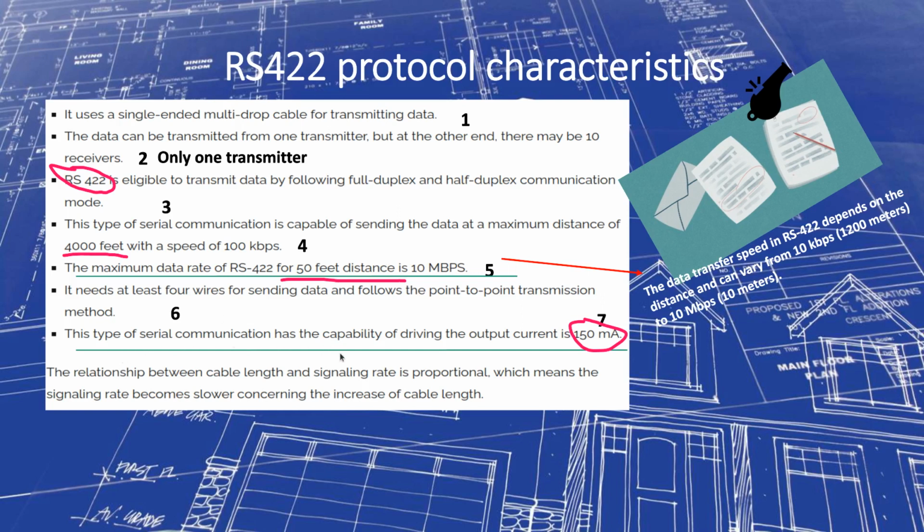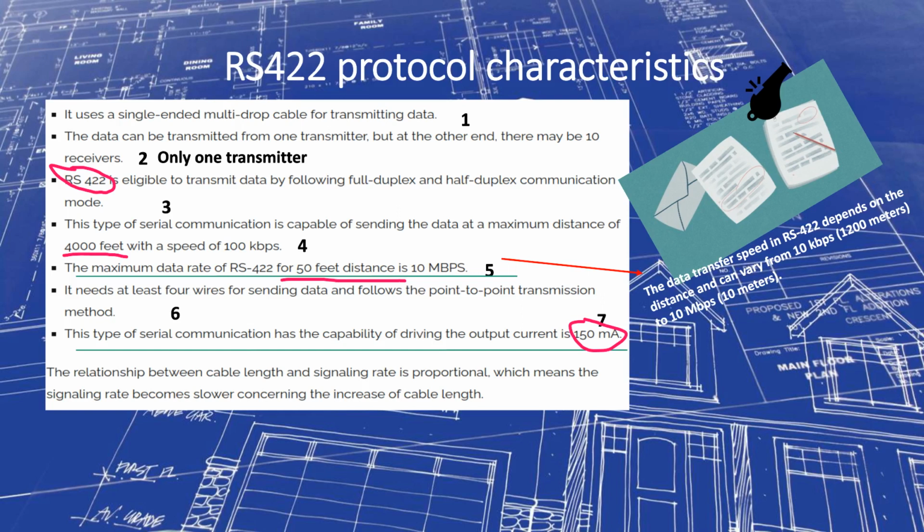This type of serial communication has the capability of driving output current of up to 150 milliamperes. I'm sorry, ampere. The relationship between cable length and signal rate is proportional, which means that the signal rate becomes slower as the cable length increases.